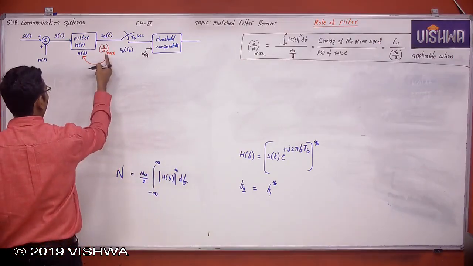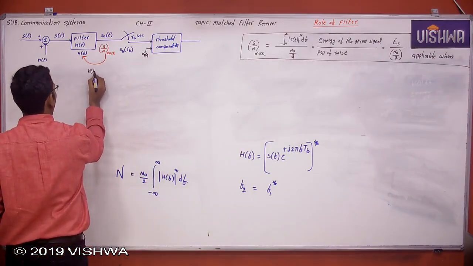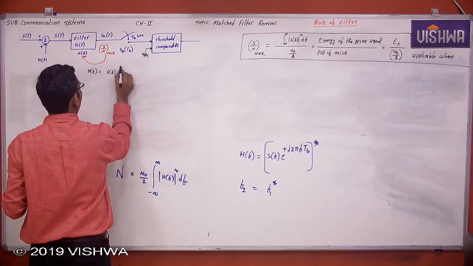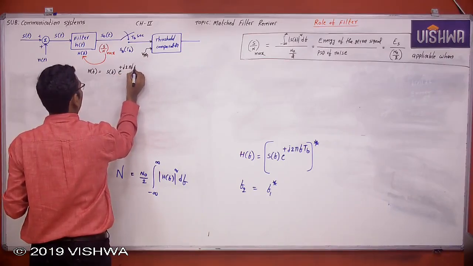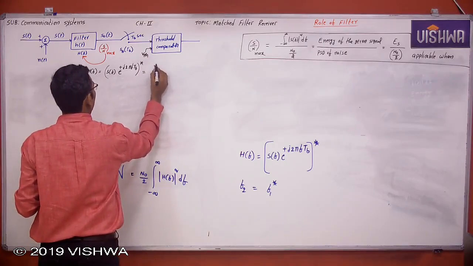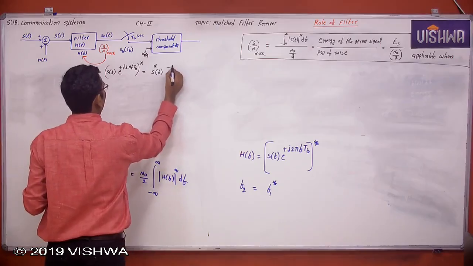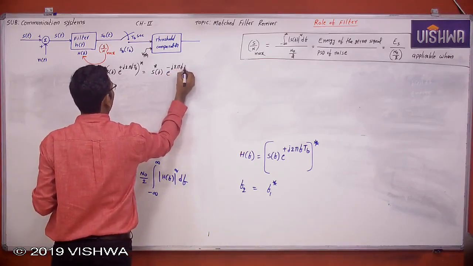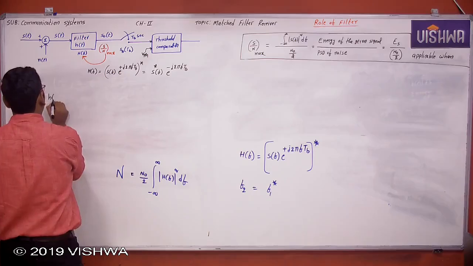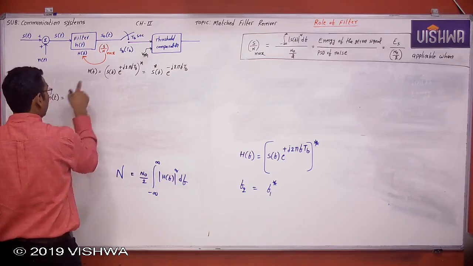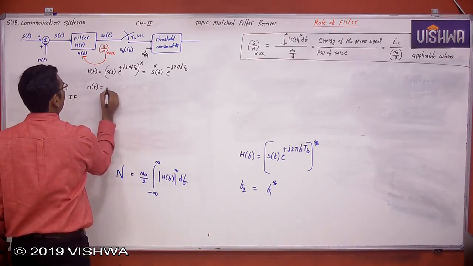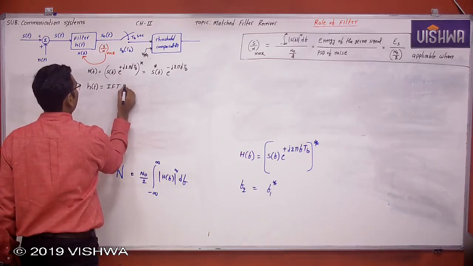You already know, for the maximum value, H(f) is equal to S*(f) e^(-j2πf Tb), the complex conjugate of S(f) e^(+j2πf Tb). Therefore, what is h(t)? h(t) is the inverse Fourier transform of H(f).